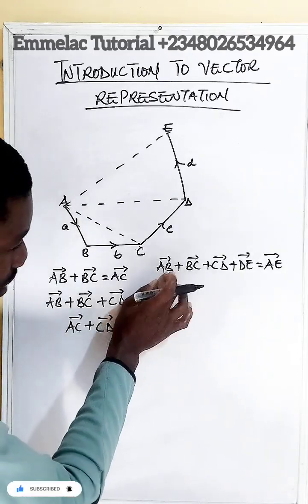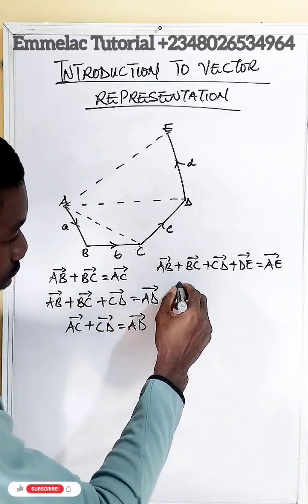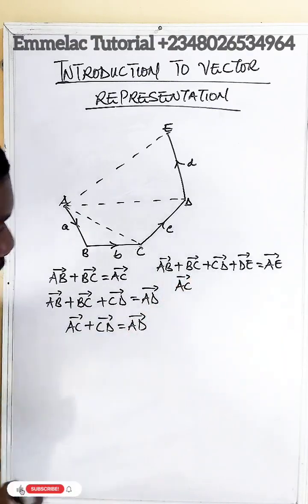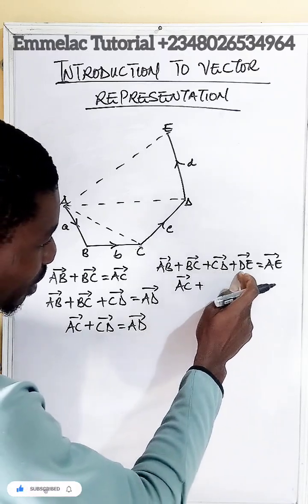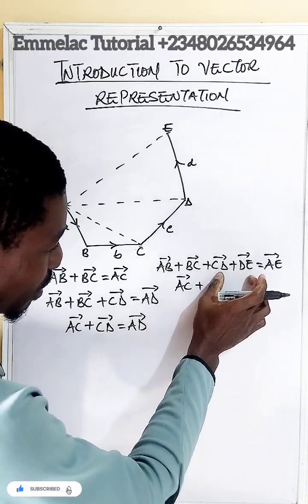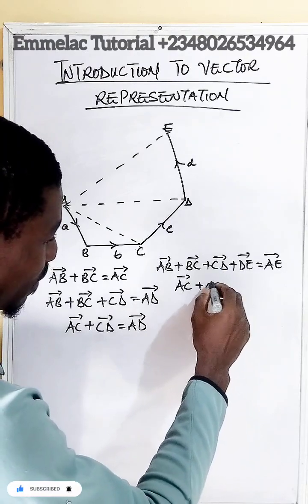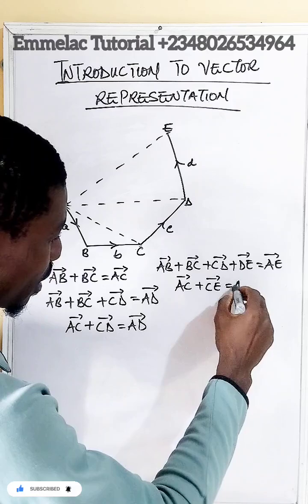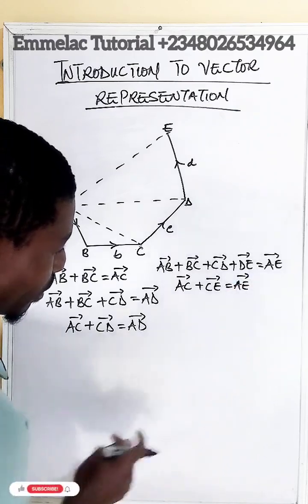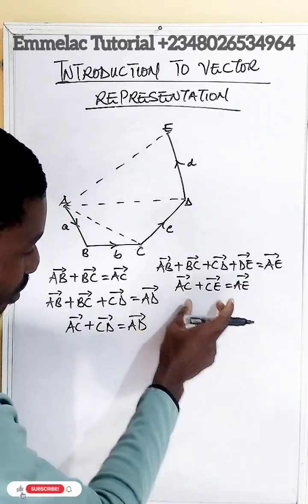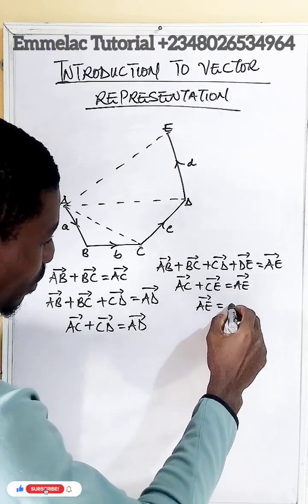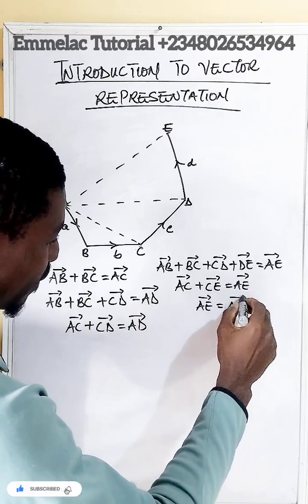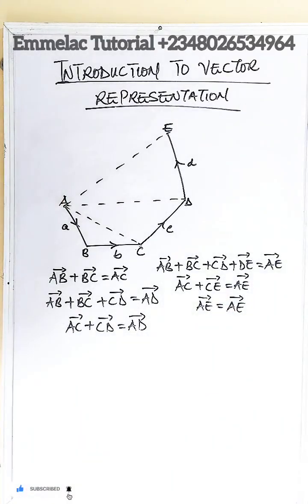Now you can see this is AB plus BC, which will give us AC, then plus CD plus DE, which can give us CE, so AE. Now you can see here AE equals AE, right?